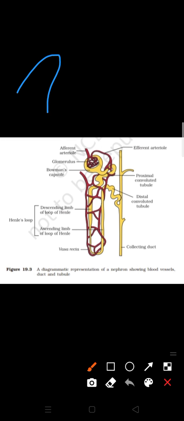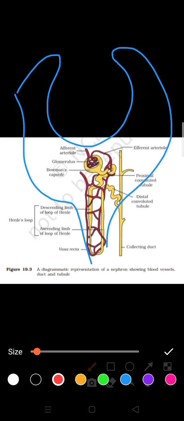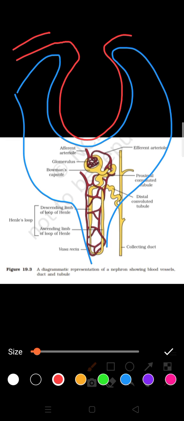If I make the Bowman capsule, it is this type of structure, and here you can observe the arterioles coming in.